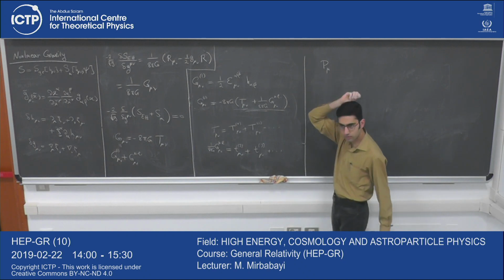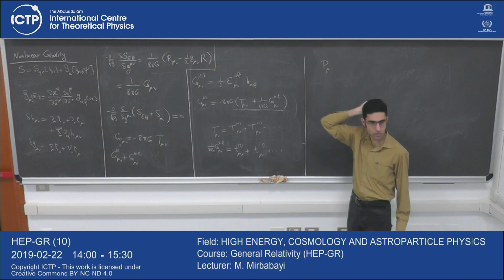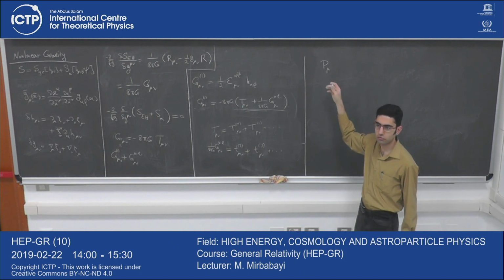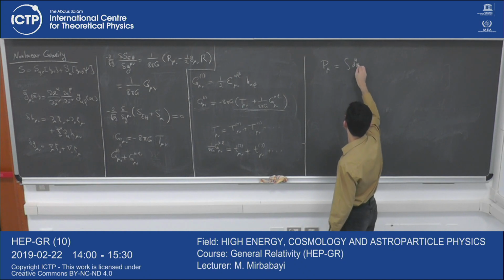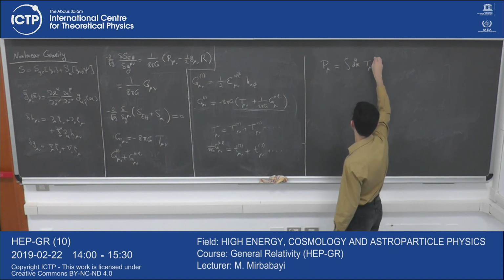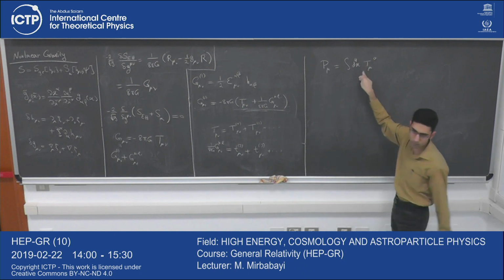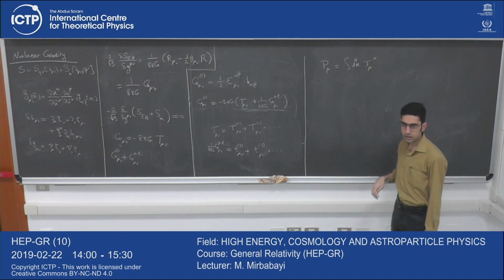In the case of space-time translation, we defined a conserved 4-vector, which was the integral of d^3x T^{mu 0}. This T was the Noether current.